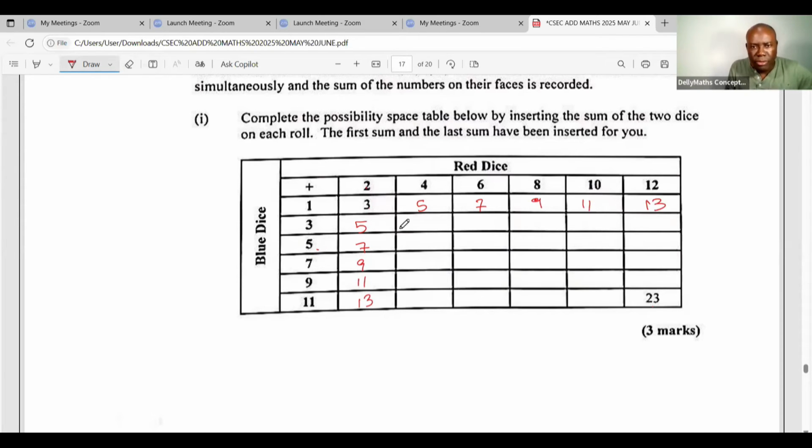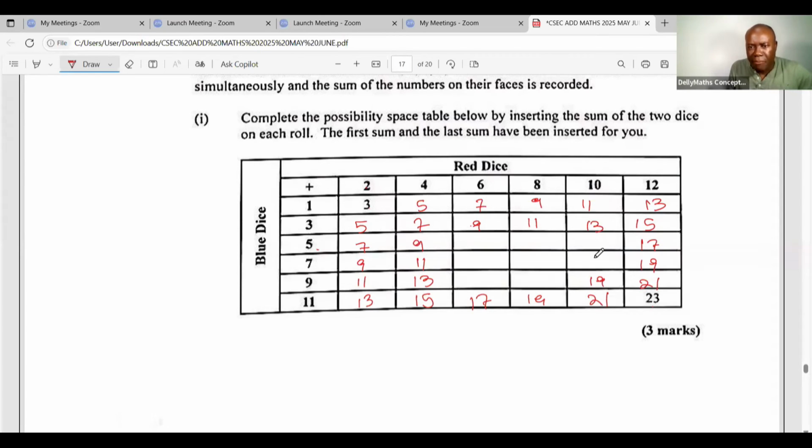Keep going. 3 and 4, 7, 3 and 6, 9. You could see going down that pattern: 9, 11, 13, 15, 17, 19, 21.